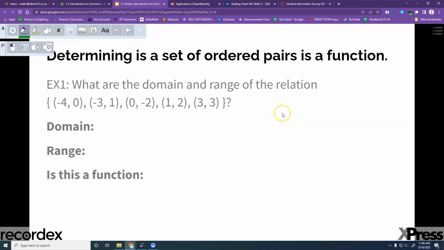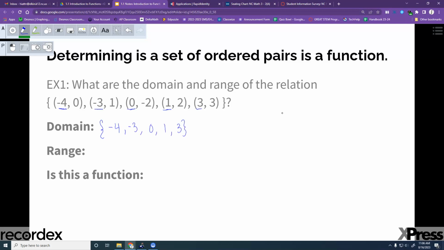If you just have a list of ordered pairs, it's pretty simple to find domain and range. Domain would just be the x value, so your x coordinate is the first one here. You would not want to list something twice if it shows up twice, and it doesn't for this one. So -4, -3, 0, 1, and 3.